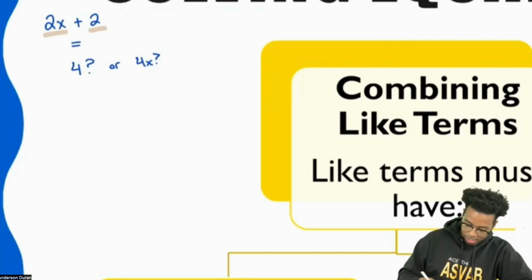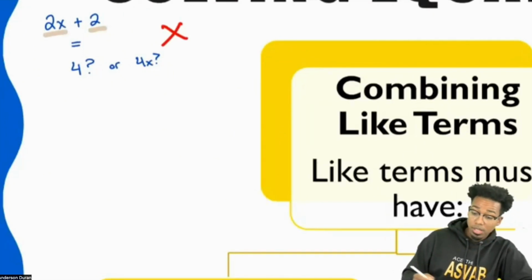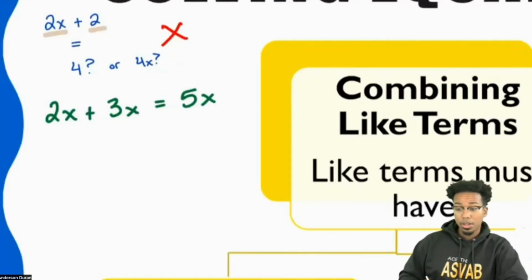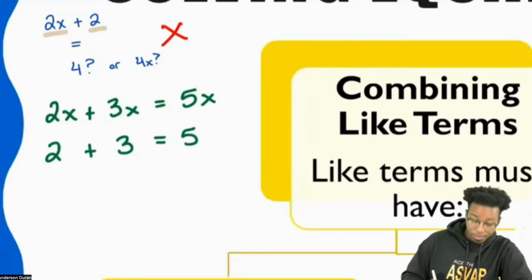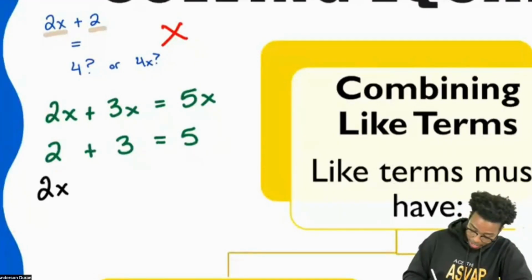So here, a good example. This is bad right here. That is a no-go. If you have something like 2x plus 3x, that's going to be 5x. That's good. If you have 2 plus 3, that'll be 5. However, if you have 2x plus 3, well, guess what?